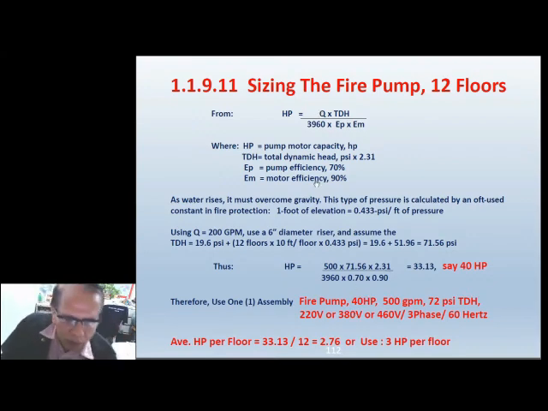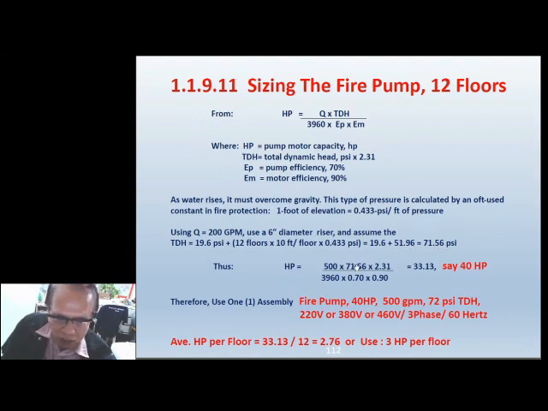So, applying it, 500 GPM times 71.56 total dynamic head. By the way, this is how the total dynamic head was estimated: 19.6 plus 12 floors times 10 feet per floor divided by 0.433 is equal to 19.6 plus 51.96 equals 71.56.